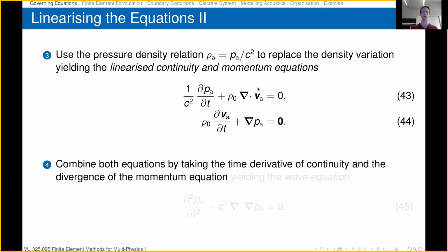And what you will see is that the velocity term can actually be eliminated from these two equations. And this yields the acoustic wave equation, where we have the second time derivative of the pressure minus c squared times the Laplacian of the pressure. So this is the equation we will have to solve for acoustics.